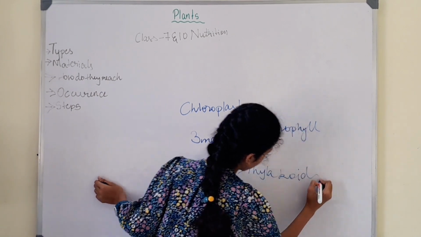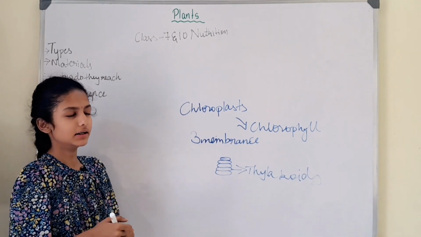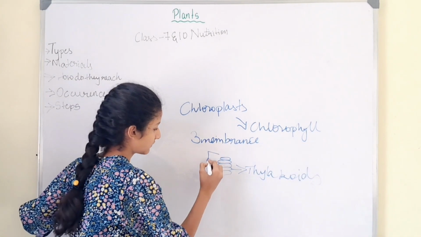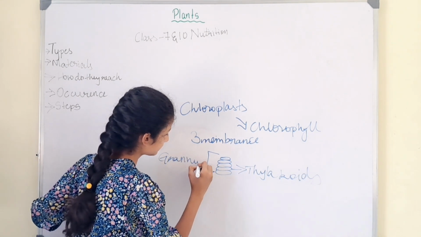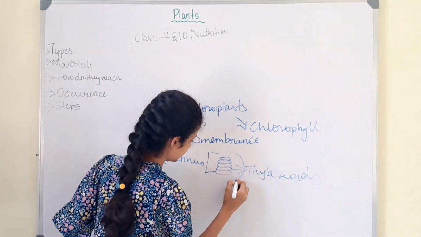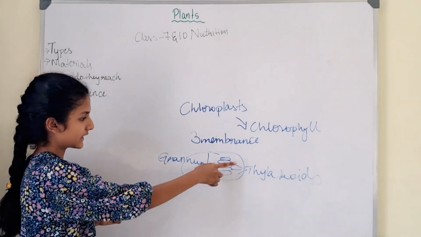The third membrane is folded into disc-shaped structures known as thylakoids, and a set of thylakoids is known as granum. This is present in the chloroplast only.